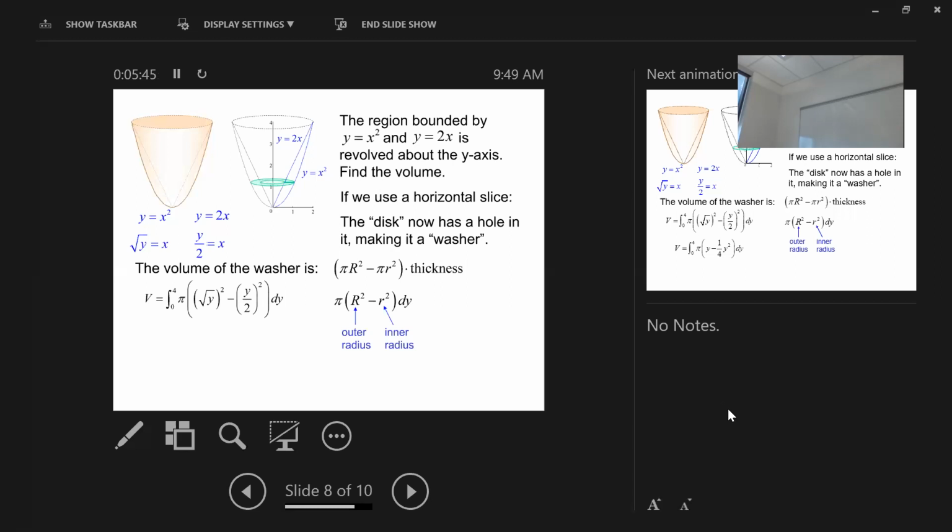Pi, big R squared, take away little r squared, and the limits are the y values. So the y values are the height. It goes from 0 to when they meet. Where do they meet? They meet at the point (2,4). So the dependent value is a 4.